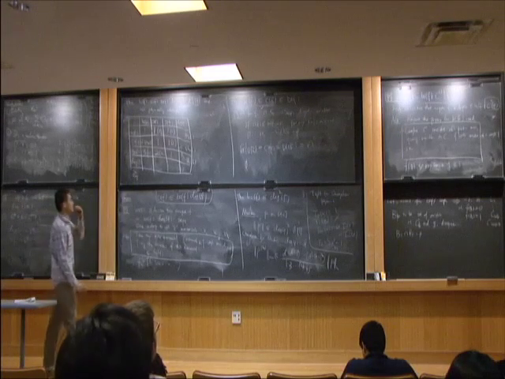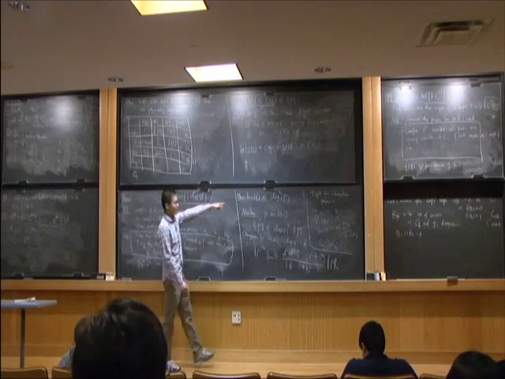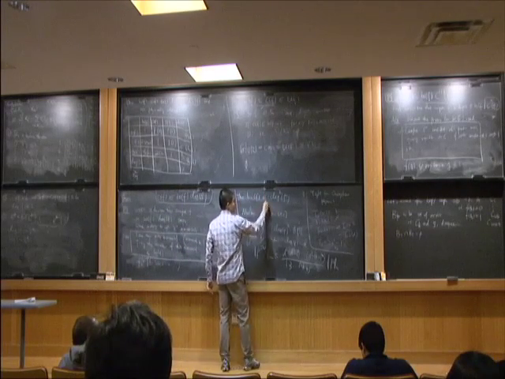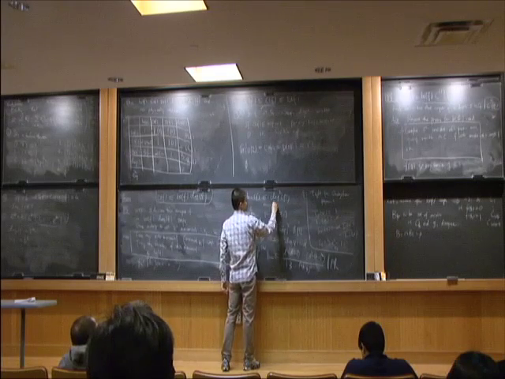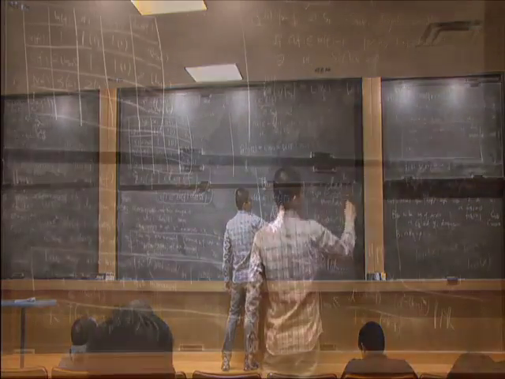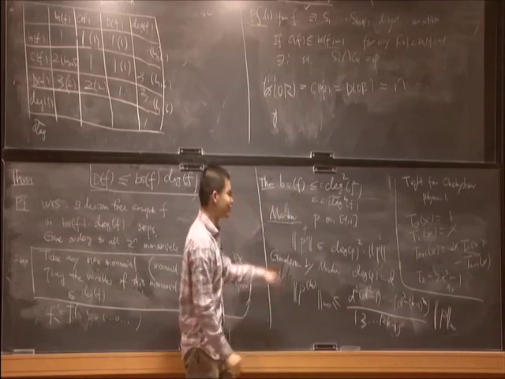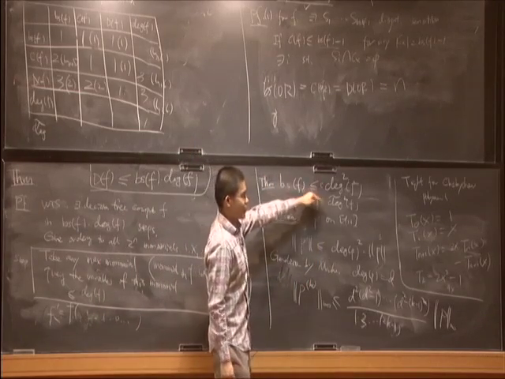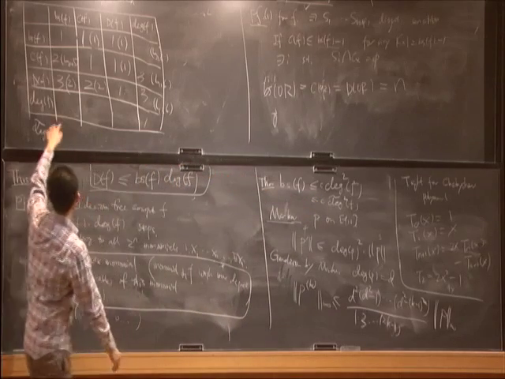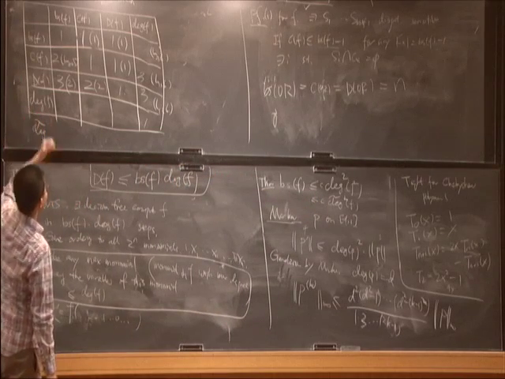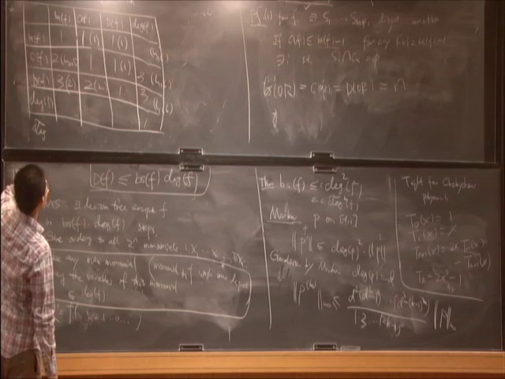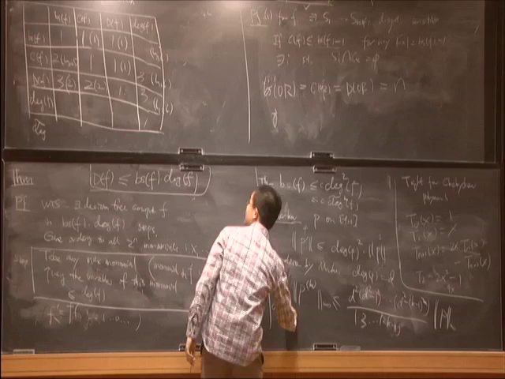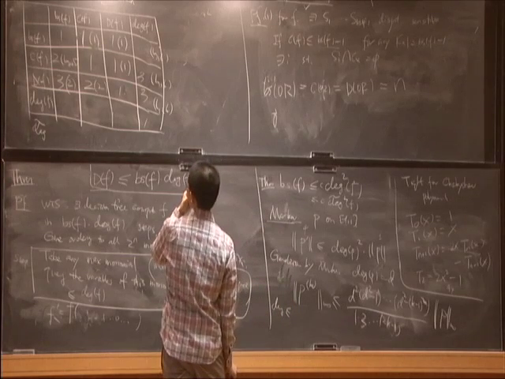So basically next time I will show that the block sensitivity is bounded by some constant times the square of the degree, and also bounded by some constant times the square of the approximate degree. And this already gives you the best bound between the degree and the approximate degree.